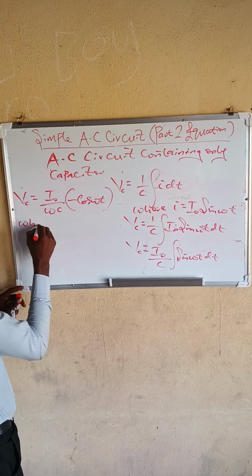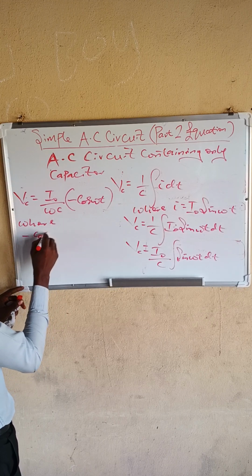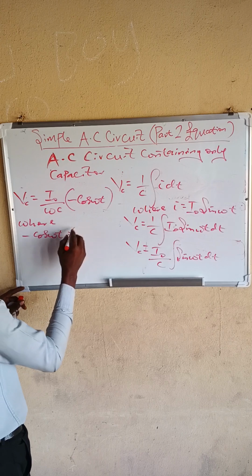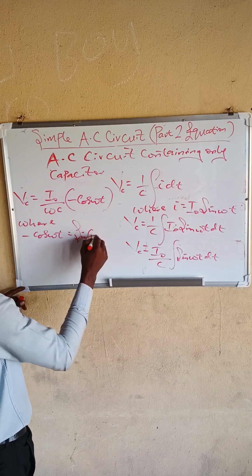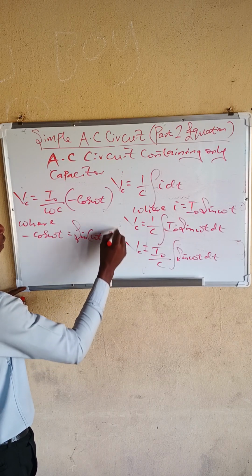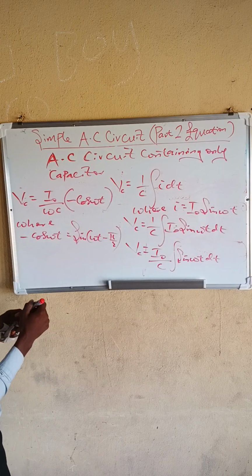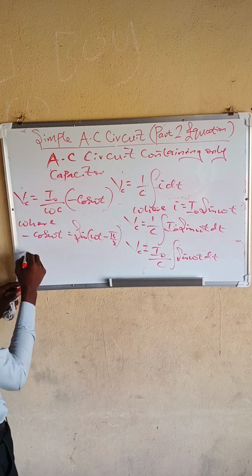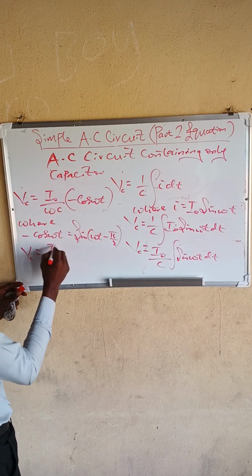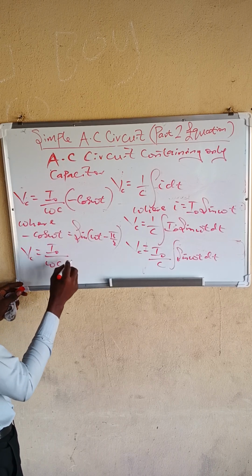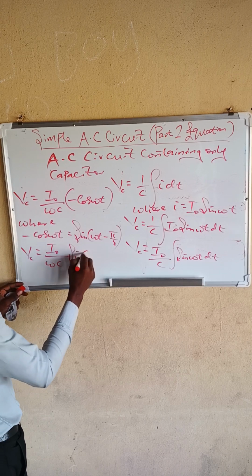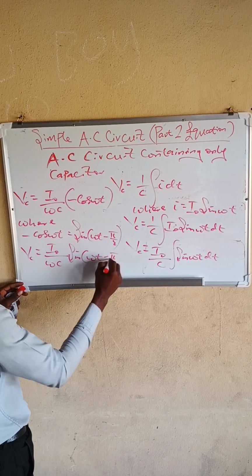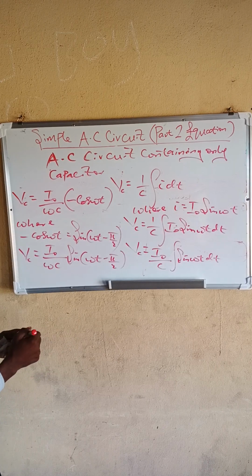Where negative cos omega t is given as sine of omega t minus pi over 2. So wherever I see this one, I'll substitute it into this equation. So Vc will give me I naught over omega C sine of omega t minus pi over 2.